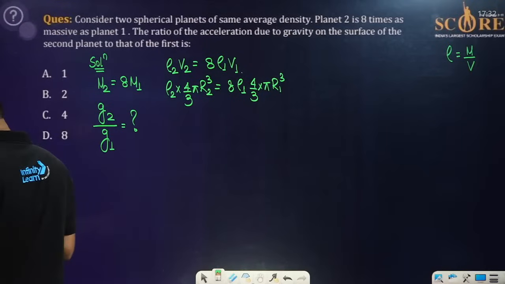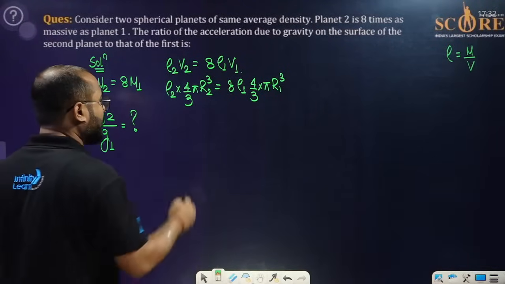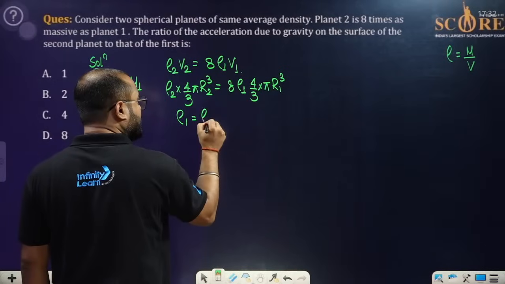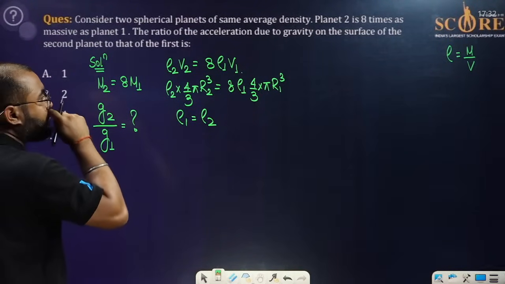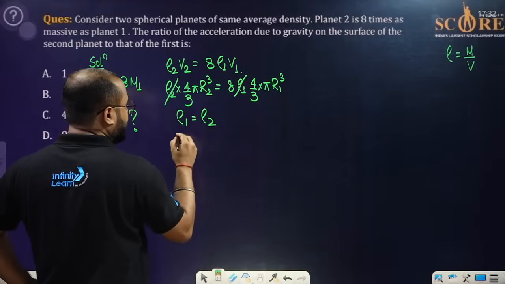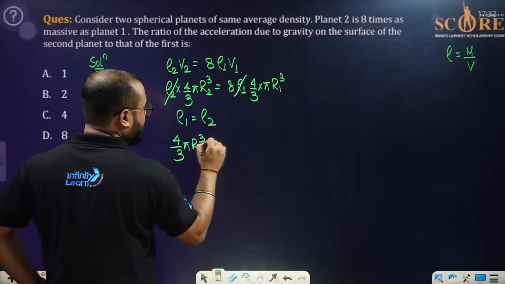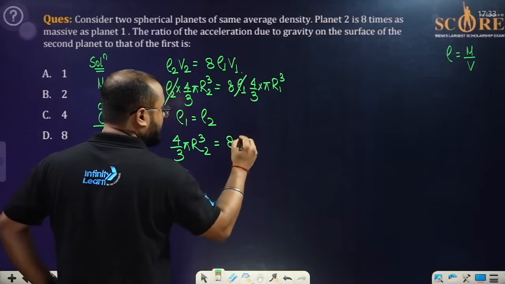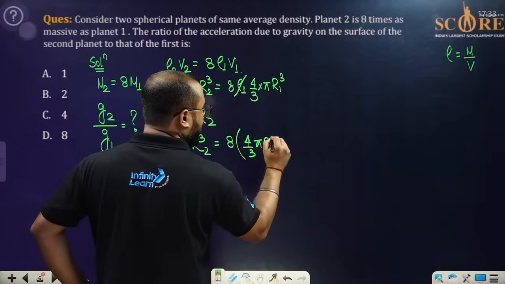In simple words, we can say the density of 1 equals the density of 2 because density has not changed. So this and this cancel out. We get 4 by 3 pi r2 cube equals 8 times 4 by 3 pi r1 cube.